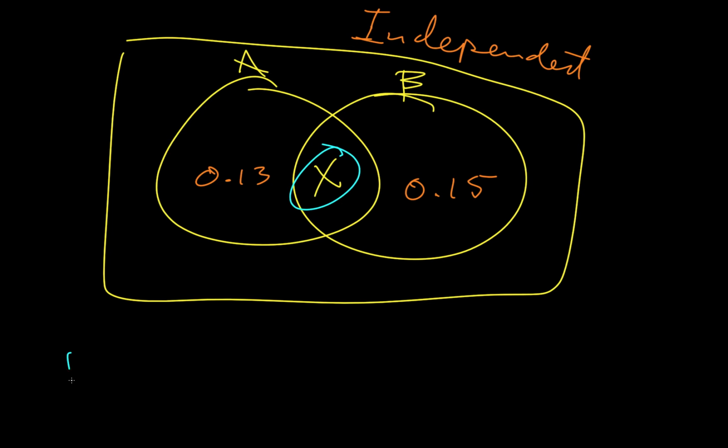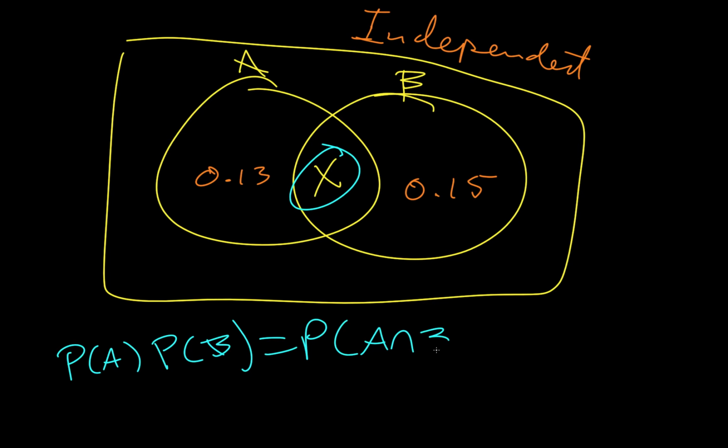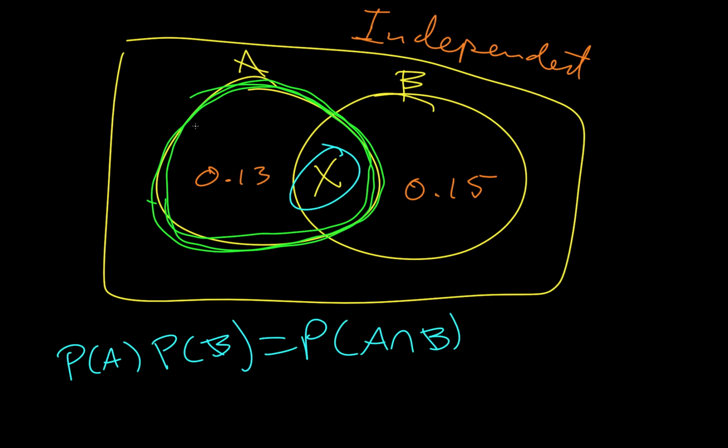So we know that we have our independent formula, so we're going to just plug things into that. Now, the part that's kind of tricky for some kids is that A is the entire circle of A. So A is actually 0.13 plus x.